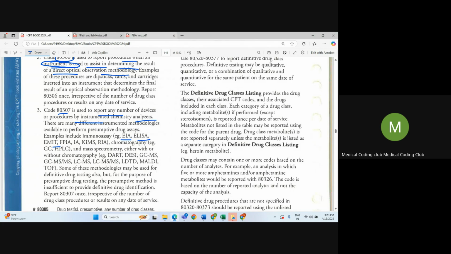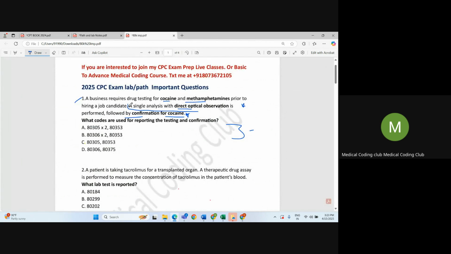Coming back to the question, if you check the screening test here, it is single analysis with direct optical observation, and they did not document any instrument being involved. So the correct code for the screening test is 80305.